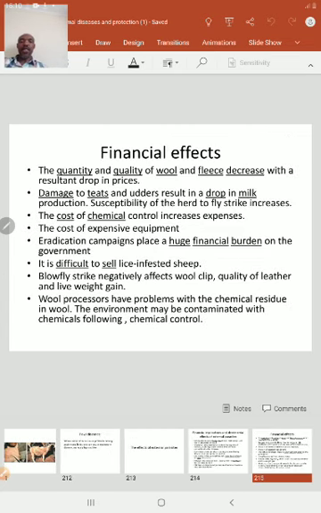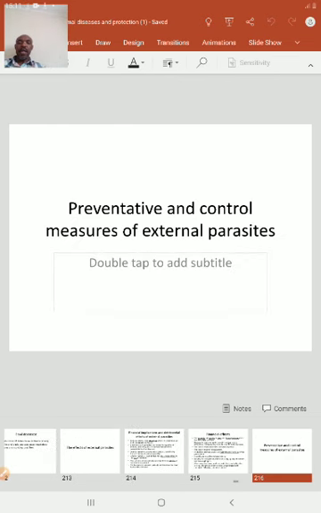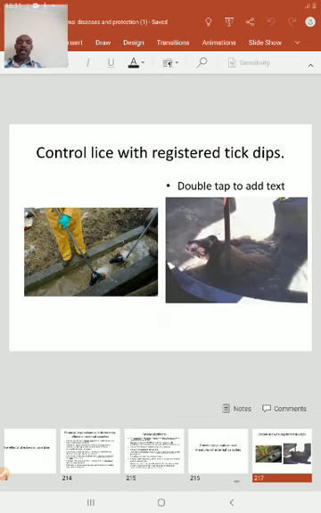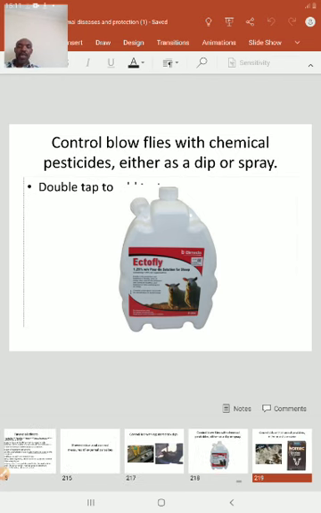The financial effects are a drop in production and huge financial burdens, such as the cost of chemicals to control them, or ivermectin. They are very expensive.